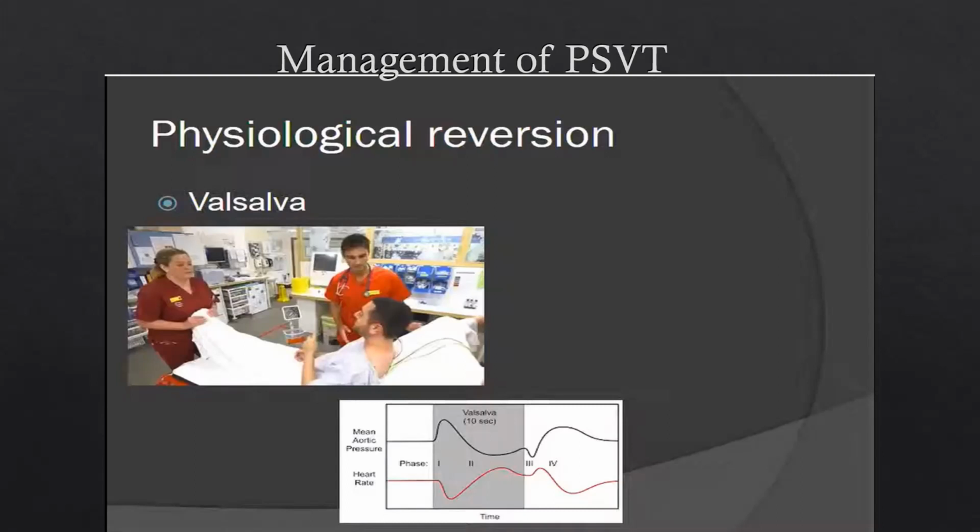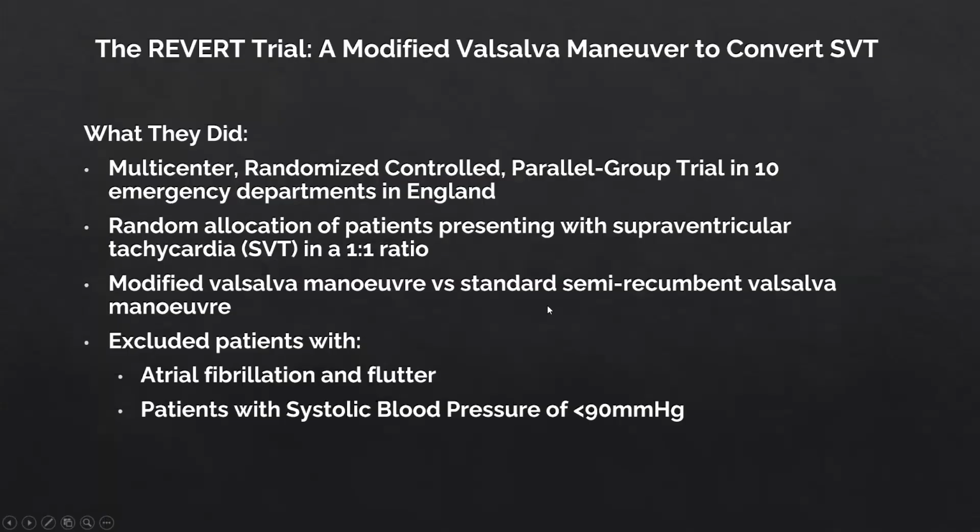So the REVERT study, which I will show you today, showed that the method of reversion in SVT is 43% effective versus 17% with the standard Valsalva maneuver. And this study was done on adult patients.